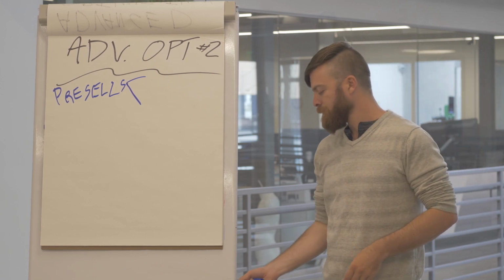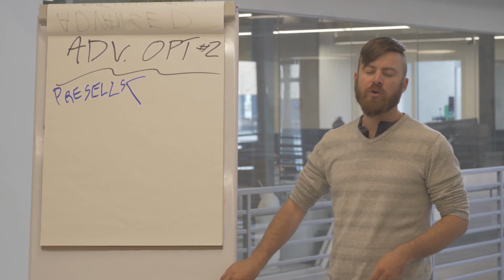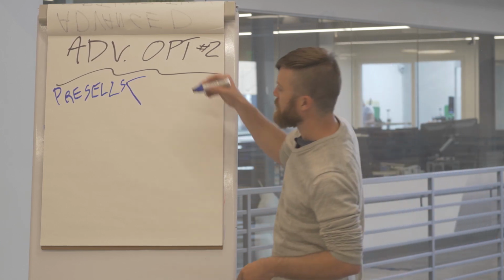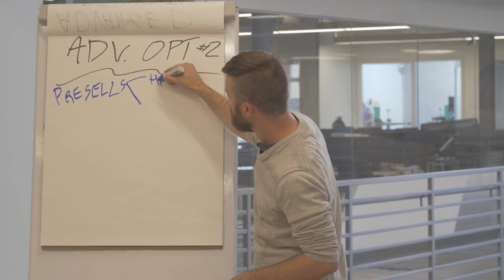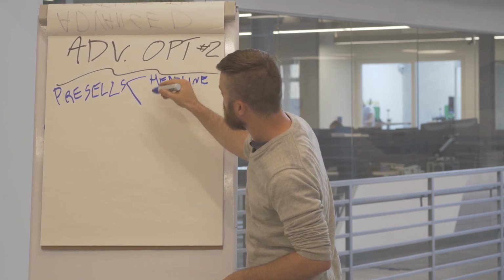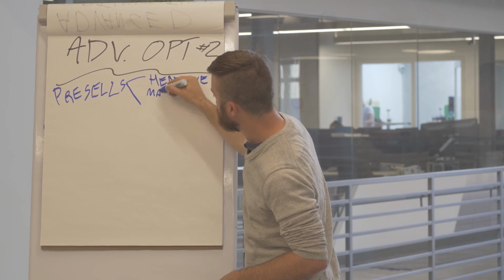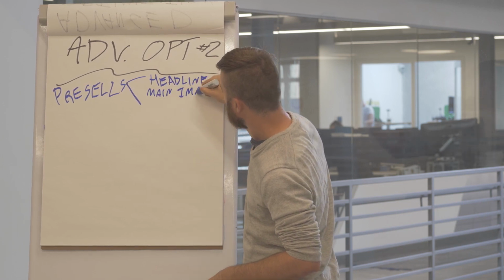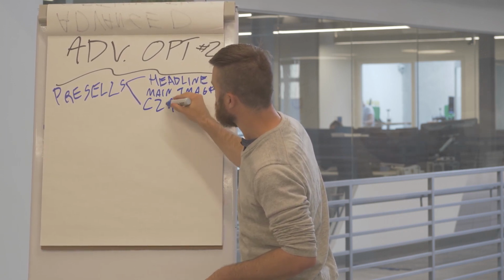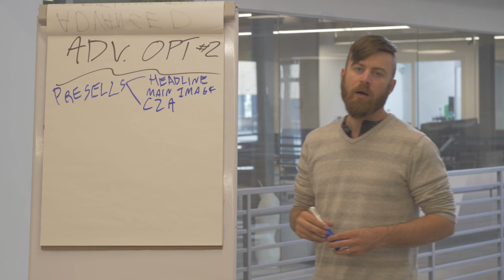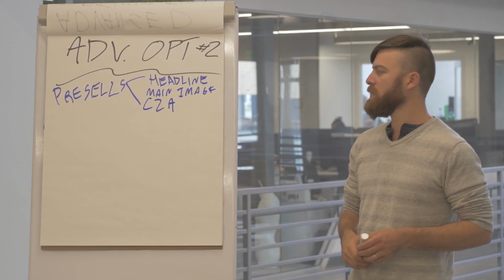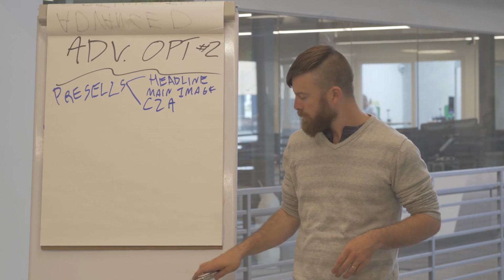I've discussed the major elements of a pre-sale page. The major elements are basically the headline, the main image, and the call to action. Those would be the main elements that you can test on your pre-sale pages.